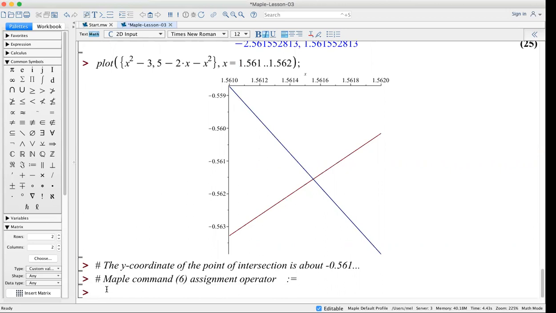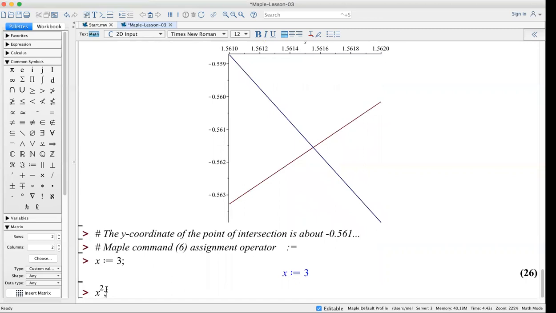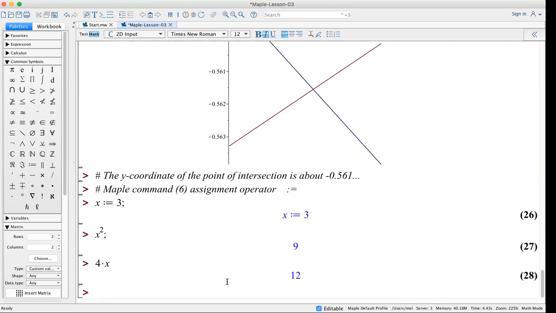So suppose I want to give x the value 3. So I would say x colon equals 3. And now, whenever Maple sees an x, it replaces it with the value 3. So x squared is 9. 4x is 12.